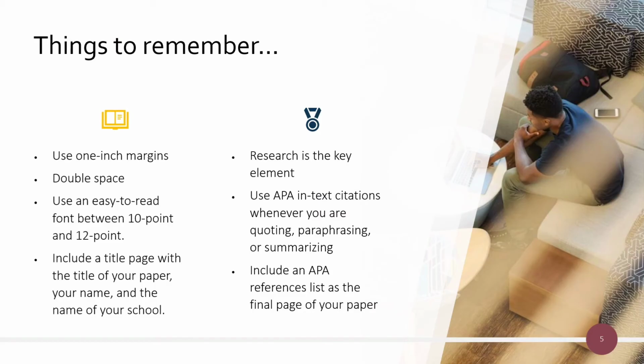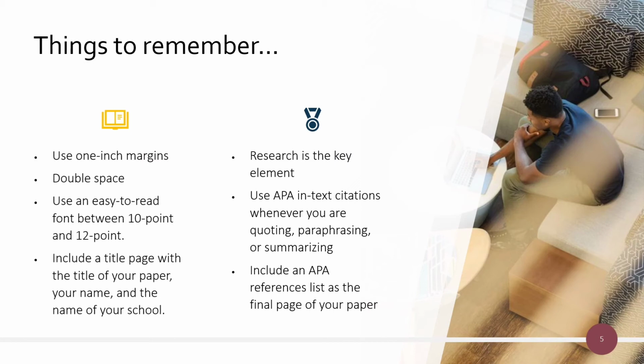So, things to remember about writing this paper. As always, these things on the left here are just kind of the mantra, like I said early in the term, for writing in an academic setting in a university. Use 1-inch margins, double space, use an easy to read font between 10 and 12 points. I really prefer 12-point font.